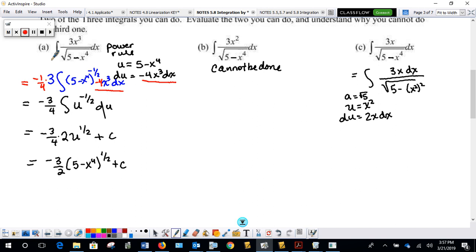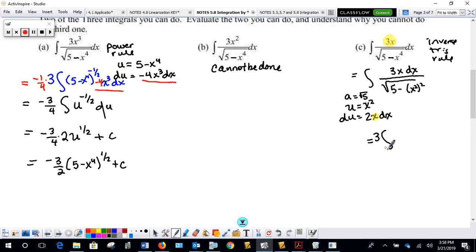So really, when you're looking at this one, it does not bother me that I have this x up here. The 3 I'm going to pull out, but this x is part of the derivative of the u if I think of this as an inverse trig rule. So when we make our substitution, when we do our inverse trig rule, this is going to become the antiderivative.